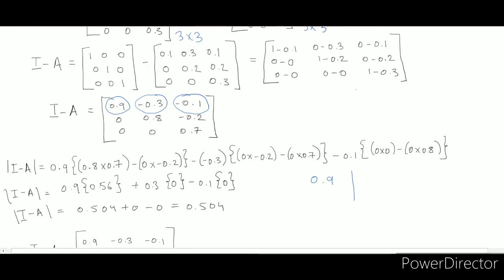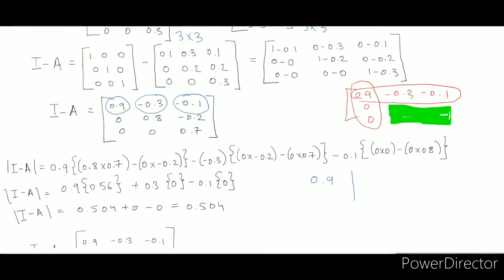If you look here at 0.9, these are the row elements which fall under the same row as 0.9, and these are the column elements which fall under the same column as 0.9. So the elements which lie over here are called the subdeterminants or minors of 0.9. This is how you find the minors, and you multiply the element with its minors.